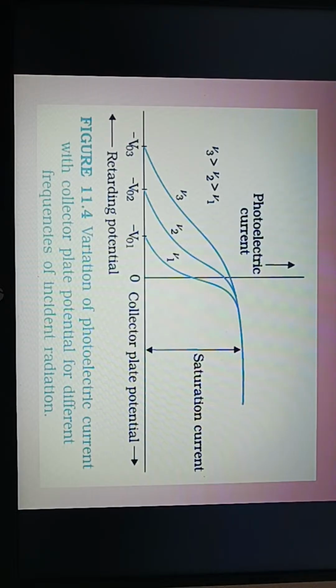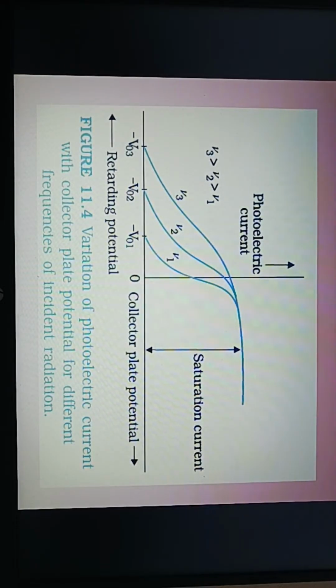Why is it ejecting with more energy? Because frequency is increasing. See, the first frequency is providing 1 joule of energy to the electron. The second is ejecting with 2 joules. The third is ejecting with 3 joules.